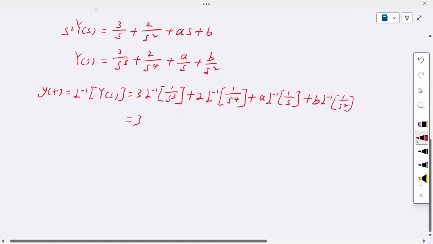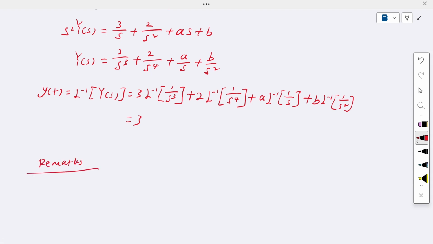So what is the inverse Laplace transform of 1 over s squared? Let me write the remark here. Remember, when we take the Laplace transform of t to the n, this is equal to n factorial over s to the n plus 1. For the first term, let's assume we take the Laplace transform of t squared. What do you get? You get 2 factorial, which is 2, over s cubed.